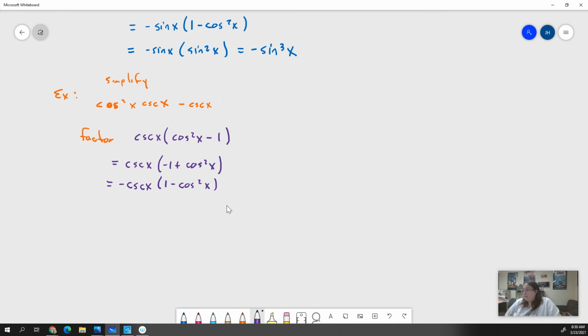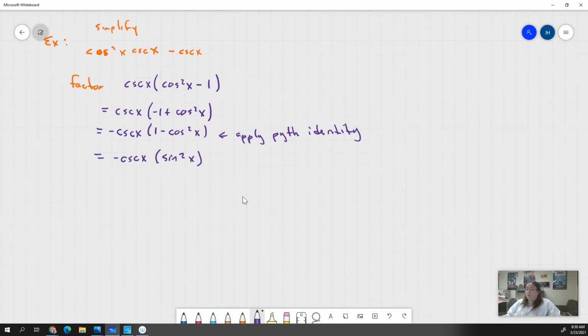If we apply the Pythagorean identity, this would be sine squared of x, right? I could write this as minus cosecant of x times sine squared of x.